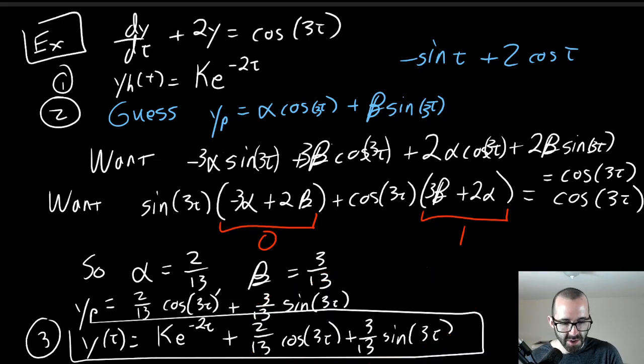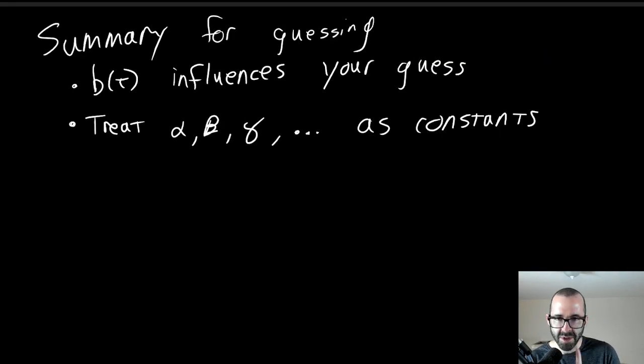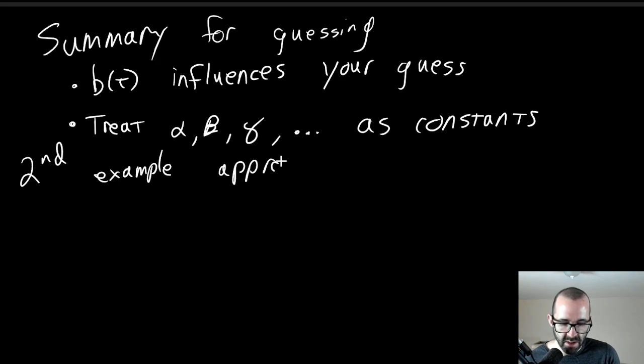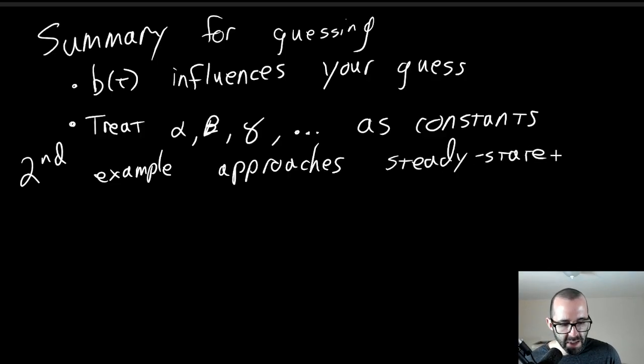All right? So again, we're going to make an observation based off of that with a little bit more qualitative analysis. So in that second example, they approach, and this is an important term, a steady state solution. And that means something different in different contexts.